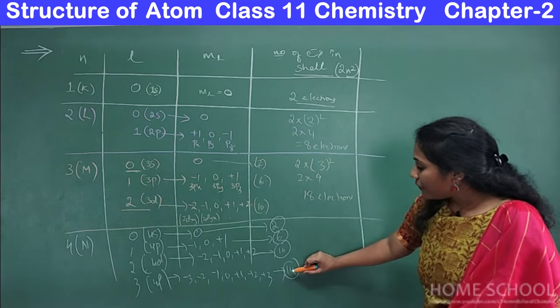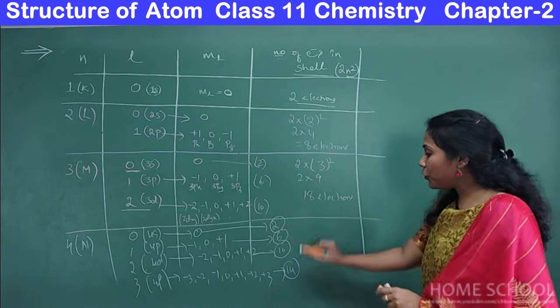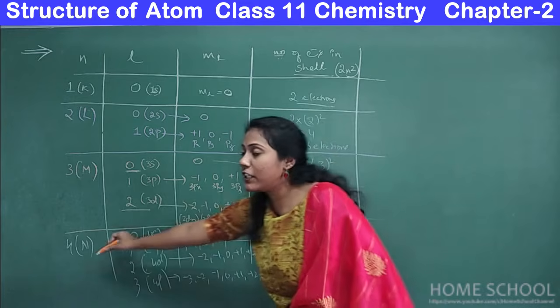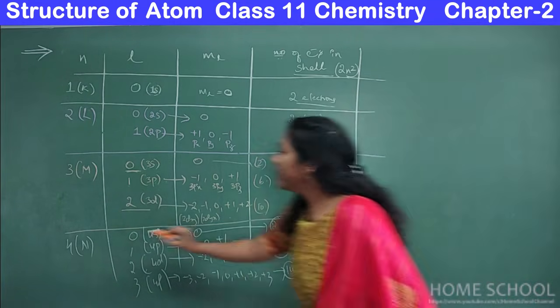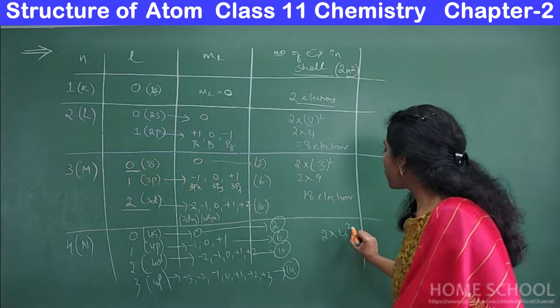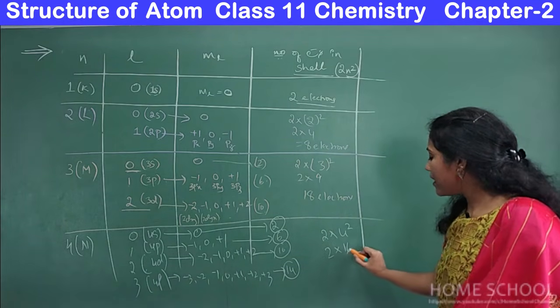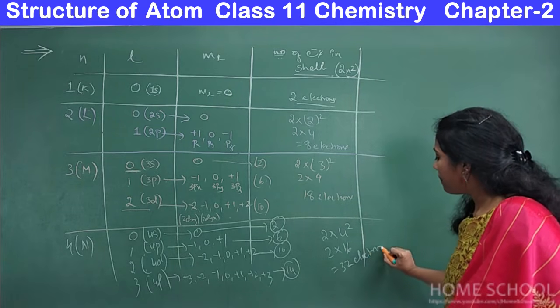So you add 14 plus 10 plus 6 plus 2. So that many electrons can be present in the n is equal to 4 shell. Or you can apply the trick: 2 into n squared, n value is 4, so 4 square, 2 into 16, that is 32 electrons.